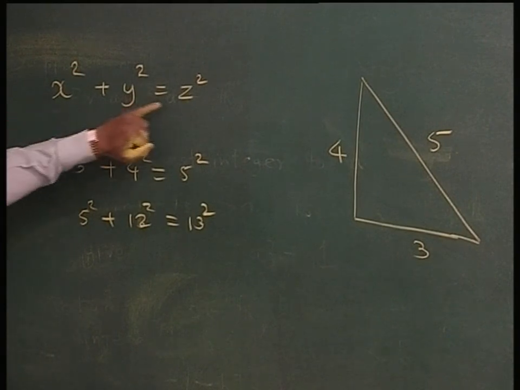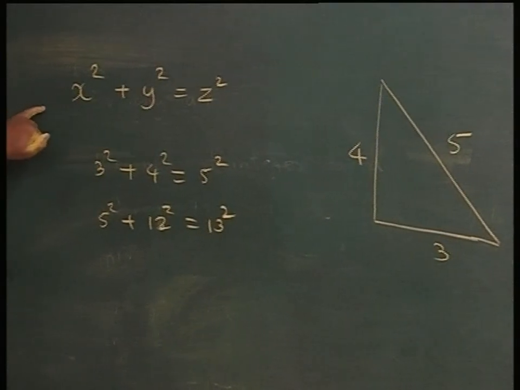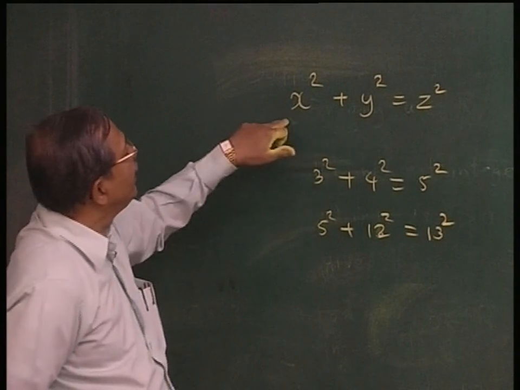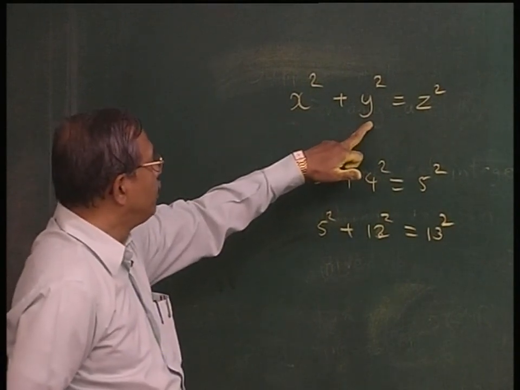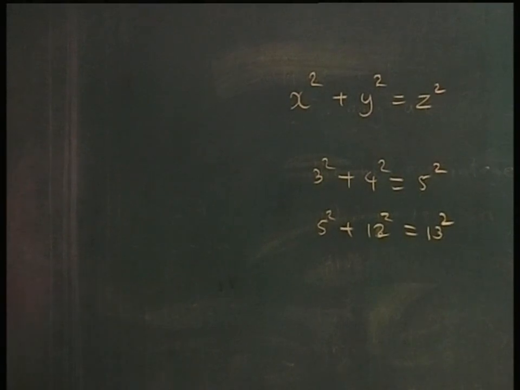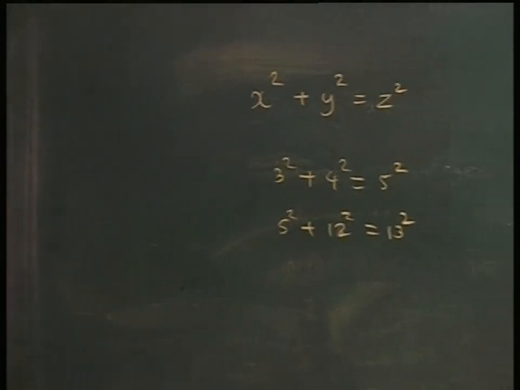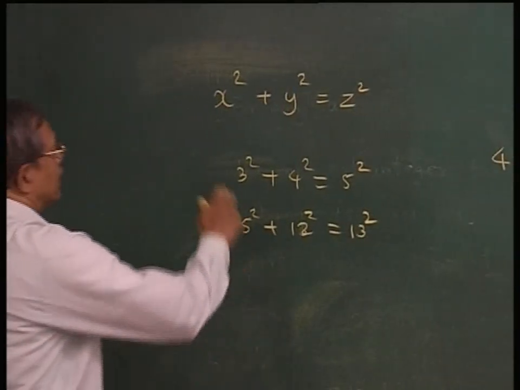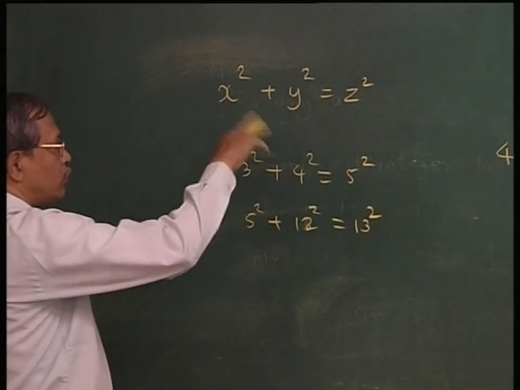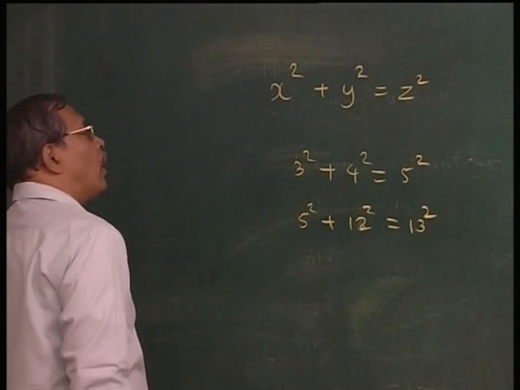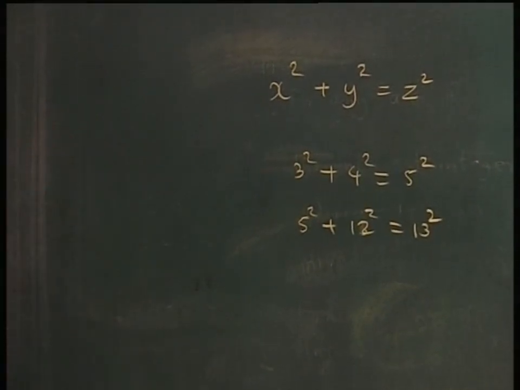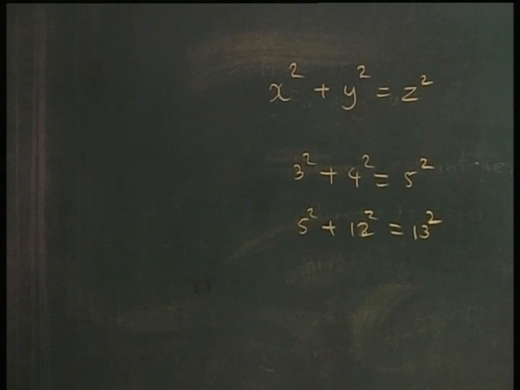First note that for this equation, if x and y have a common factor, then that will also divide z, and we can divide by this common factor of x and y, which is also a common factor of x, y and z all, and then we get what is called a primitive solution.